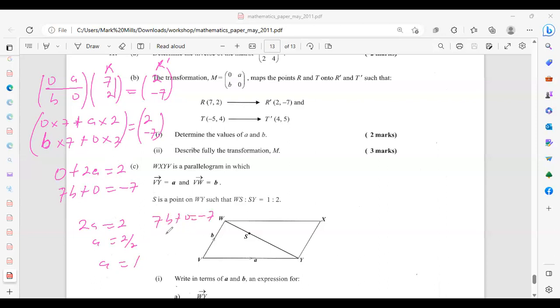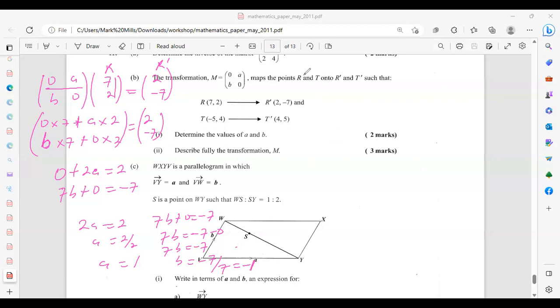Then the other one: 7B plus 0 is equal to -7. So 7B is equal to -7 minus 0. So 7B is equal to -7. B is equal to -7 over 7, which gives me -1.